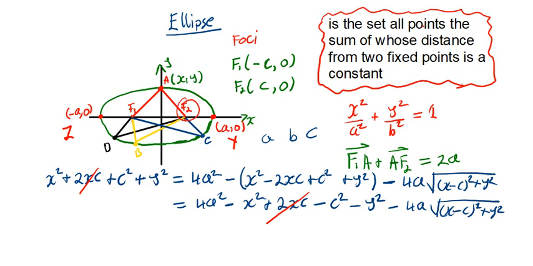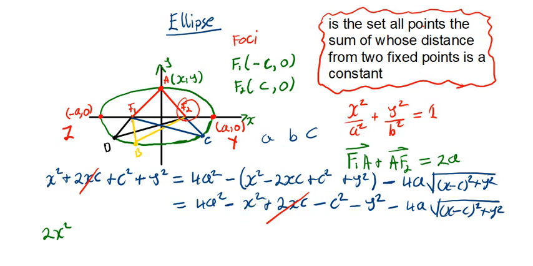Now I can move everything else to the other side. When you move this x squared, you bring it to this other side, how is it going to be? This is going to be something like 2x squared, when I move this one and add it with this one here.